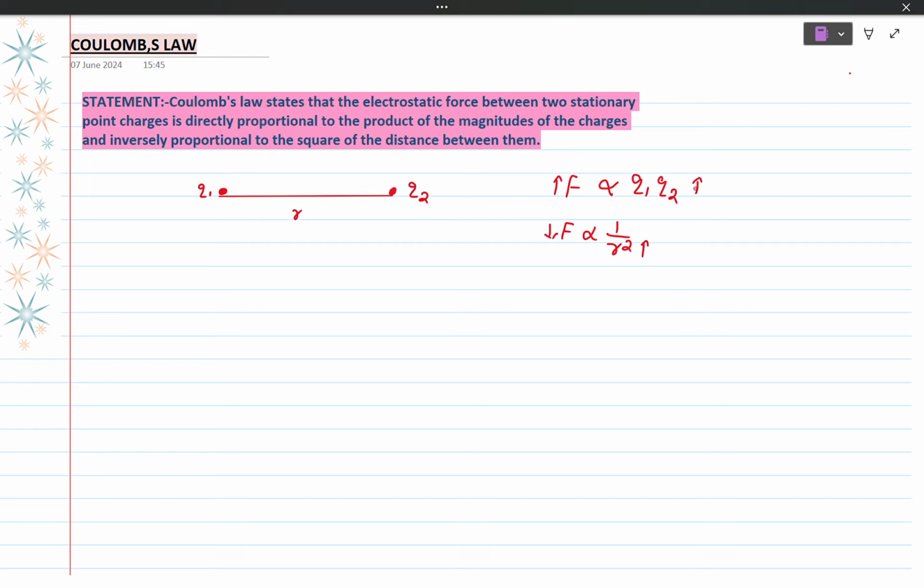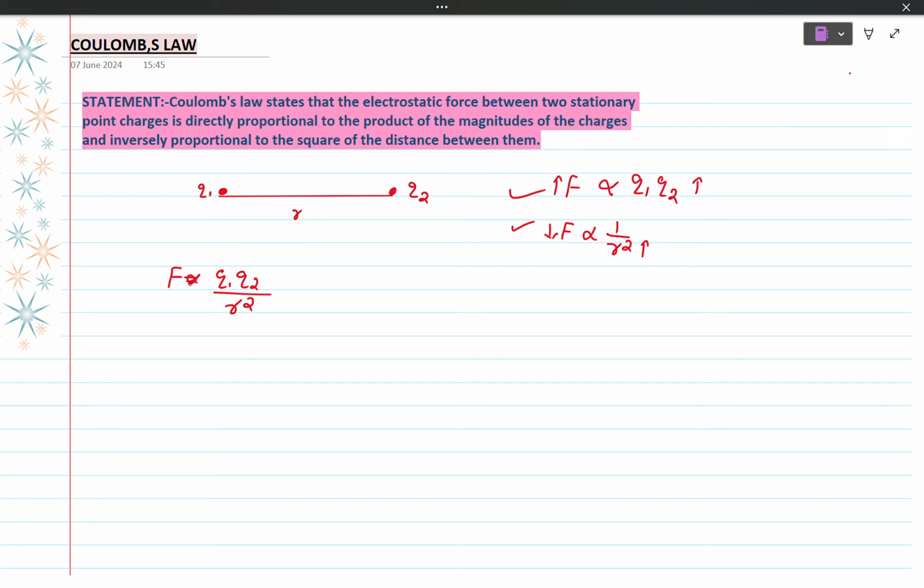If the product Q1 Q2 decreases, F will also decrease. So that is directly proportional. These two statements we can write together as F proportional to Q1 Q2 by r square.